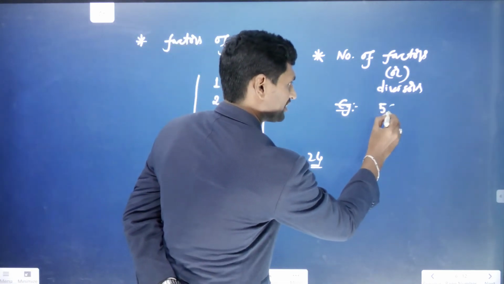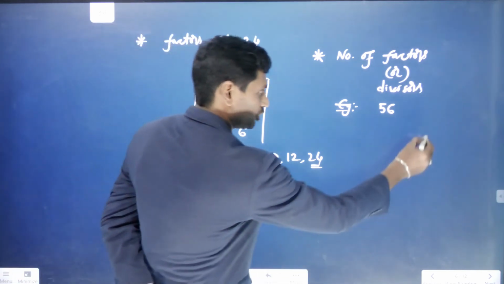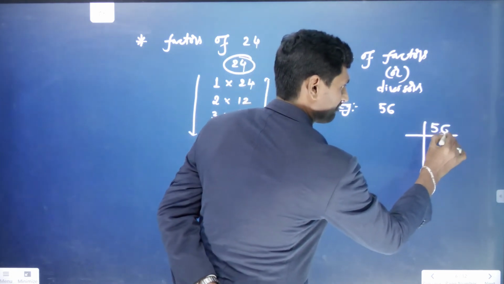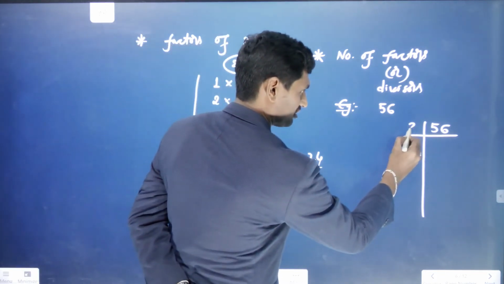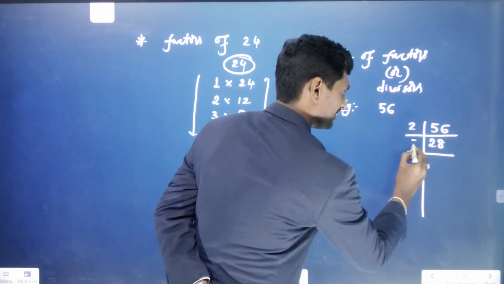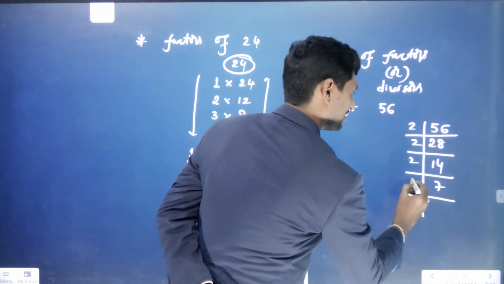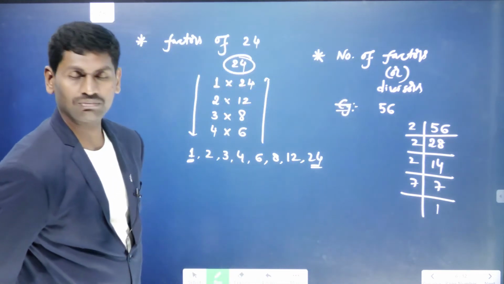Suppose I am taking 56. You know prime factorization of 56. I am taking 2 table. So 2 28s are 56, 2 14s are 28, 2 7s are 14, 7 1s are 7, because 7 won't come in any other table.